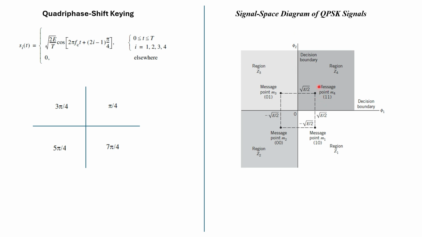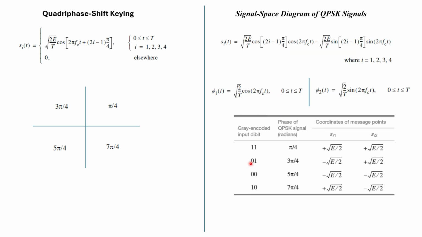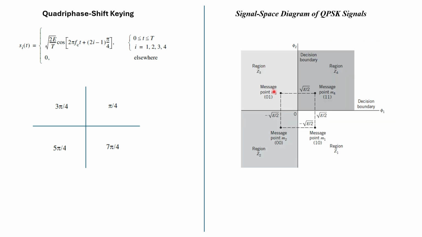So this is the location of the message point 1 1. Similarly, locate the other points: for 0 1 it is the second quadrant, for 0 0 it is the third quadrant, and for 1 0 it is the fourth quadrant. So this represents the signal space diagram for the QPSK signal.